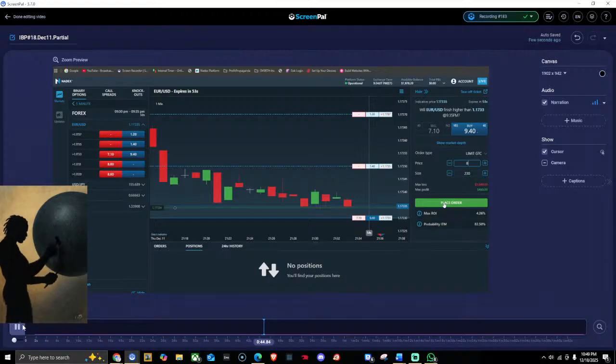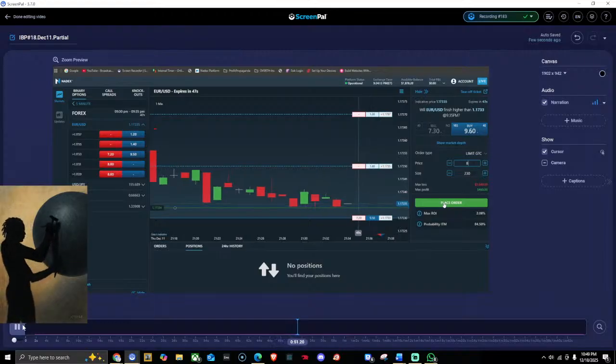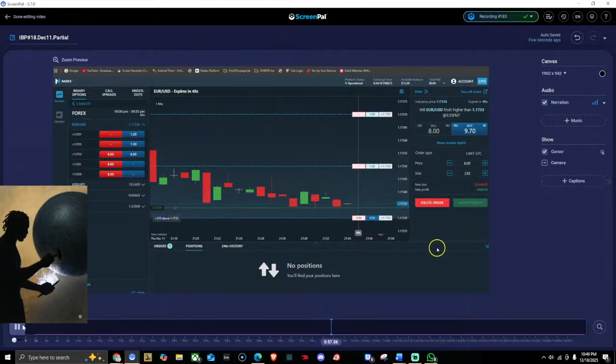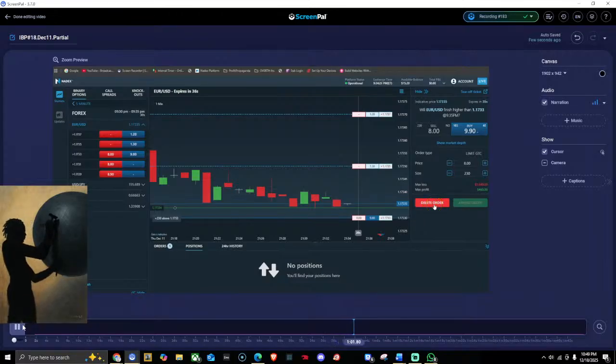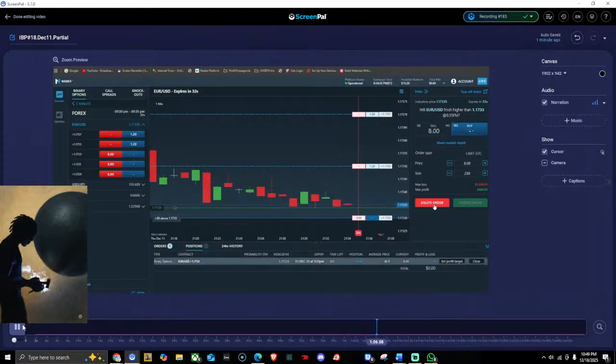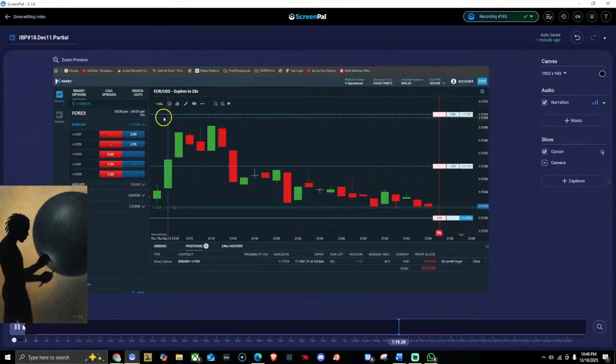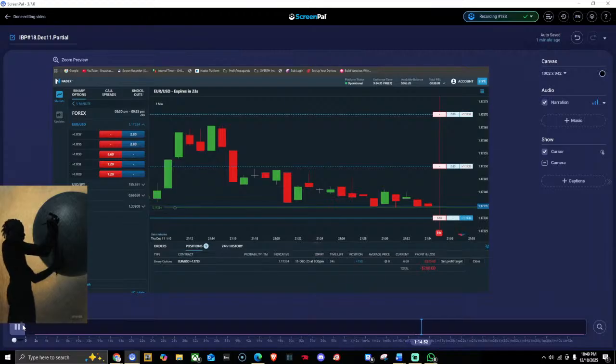Where's my confirmation? There it is. And this one, I think that I'm like, it doesn't look like it'll get filled. Right as I was getting filled, I deleted whatever remained on the order. So I left some money on the table on this one.